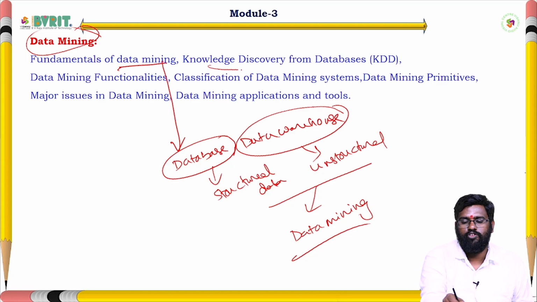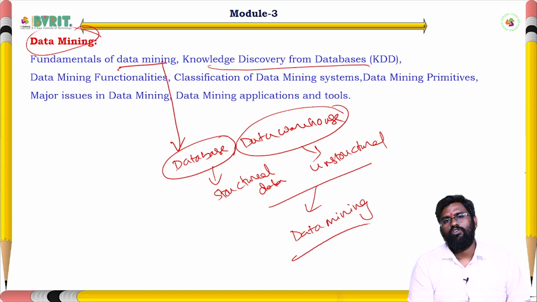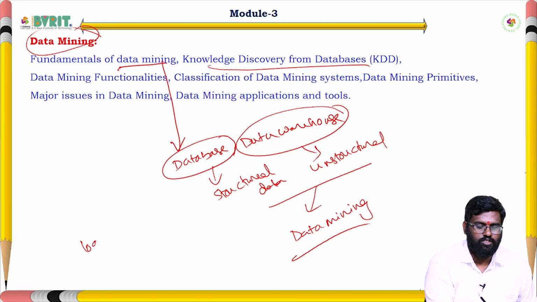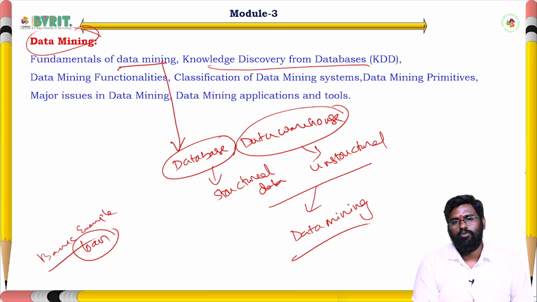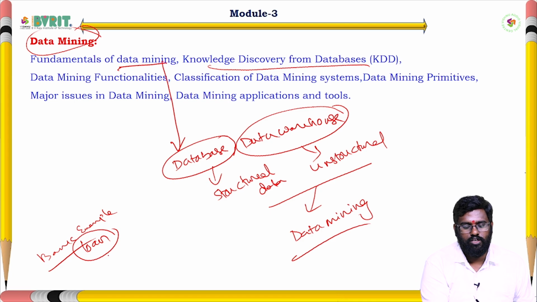Knowledge discovery from the database means knowledge discovery. What knowledge has to be discovered? For example, take a bank loan as the example. For starting, first we have to identify the person.